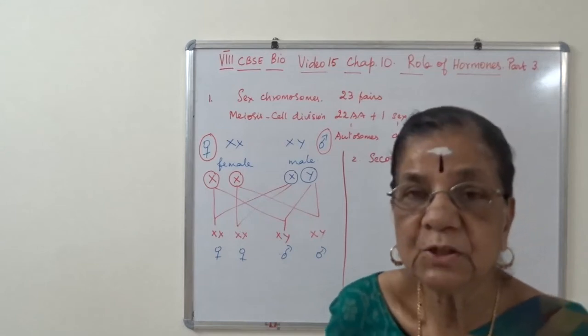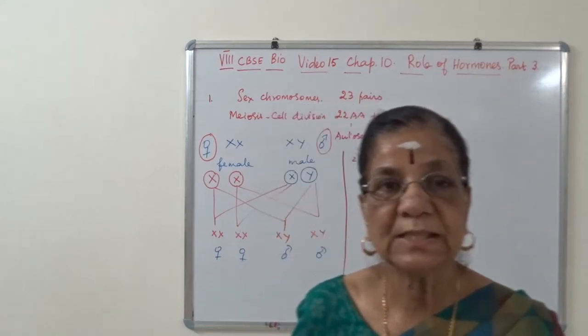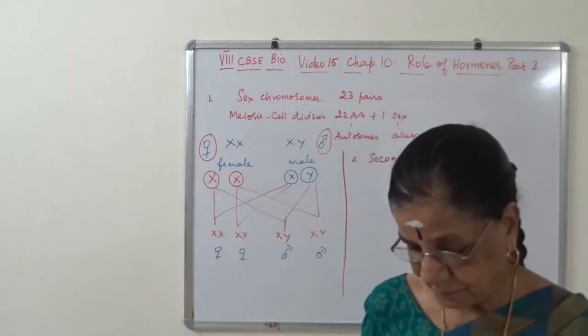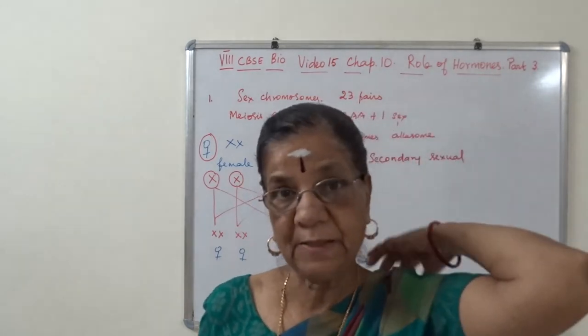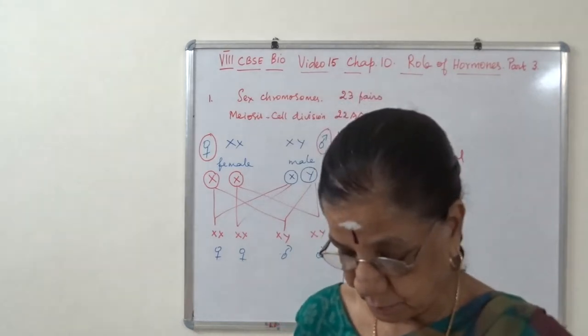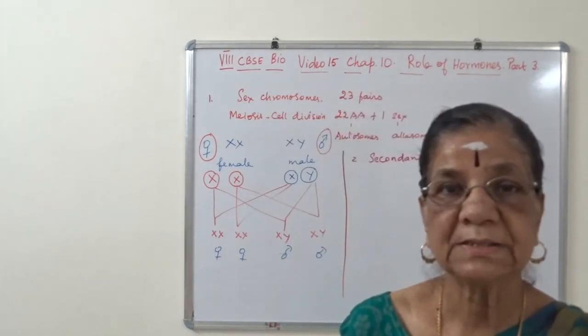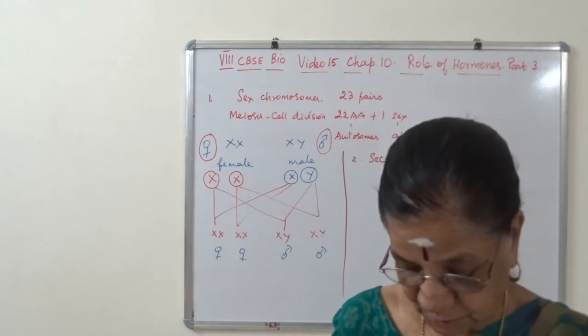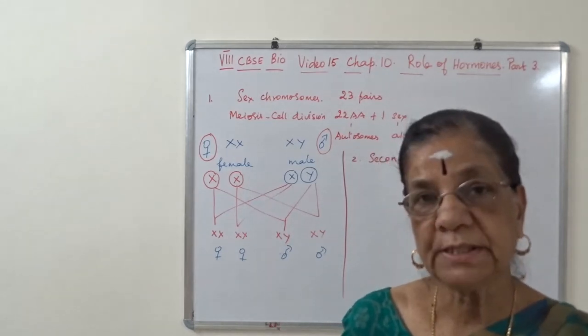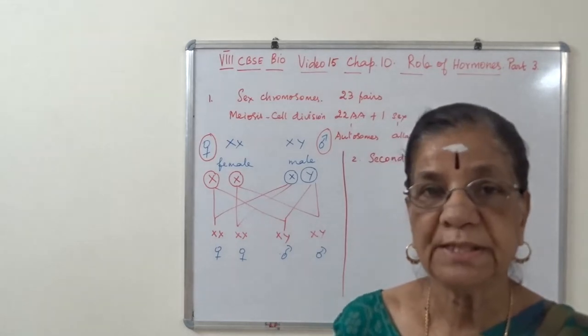Then the development of secondary sexual characters that we see is that the shoulders become broader in males and muscles develop. Testosterone causes growth of facial and body hair.